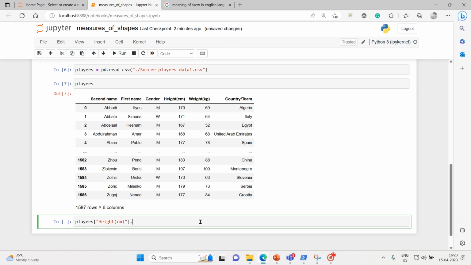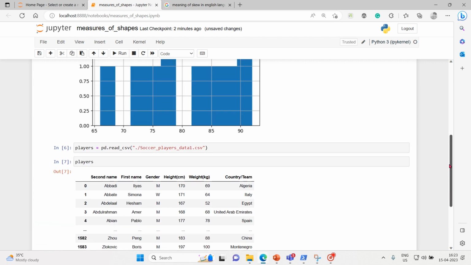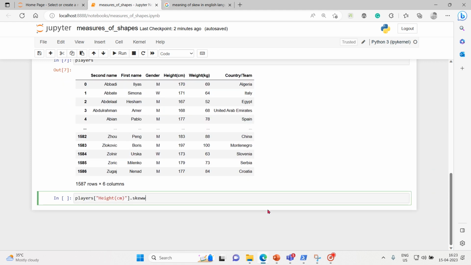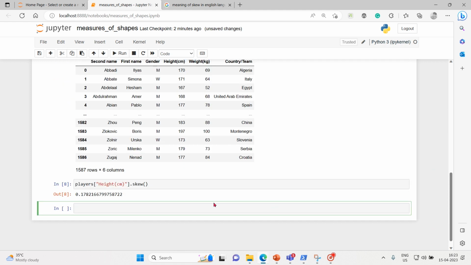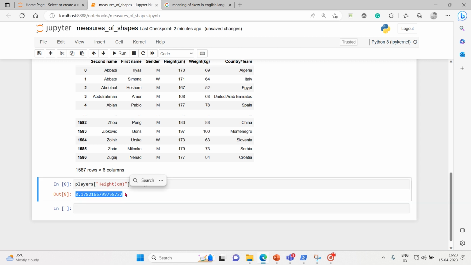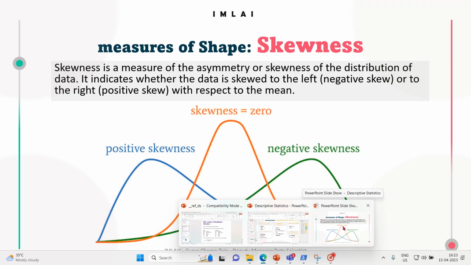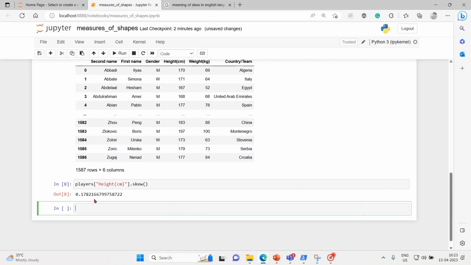Let me measure the skewness first. So it's 0.18. It's closer to 0. So as per us, if it is closer to 0, that is symmetric. Let's see the shape of it.